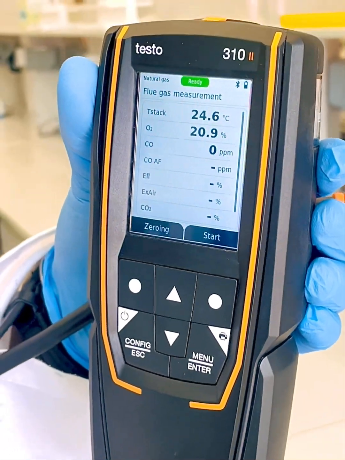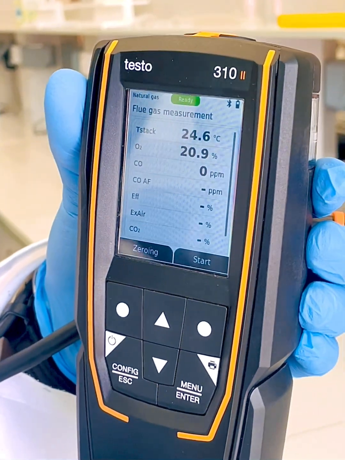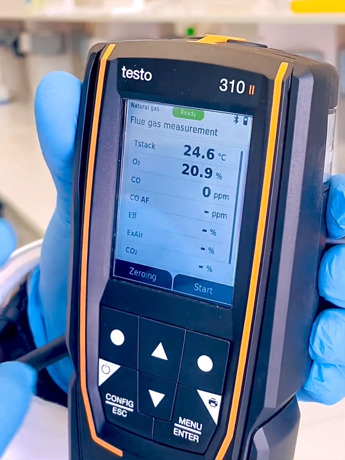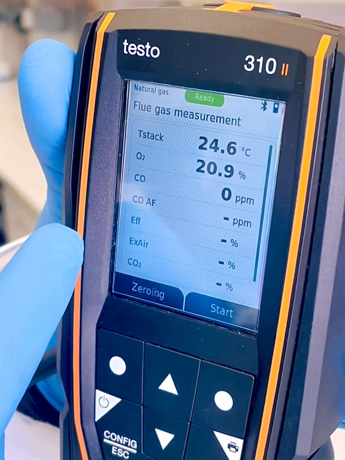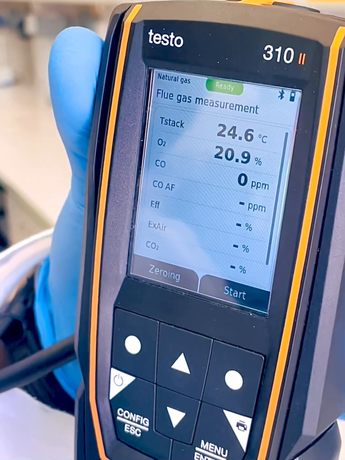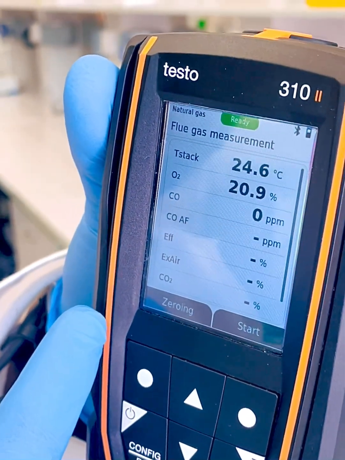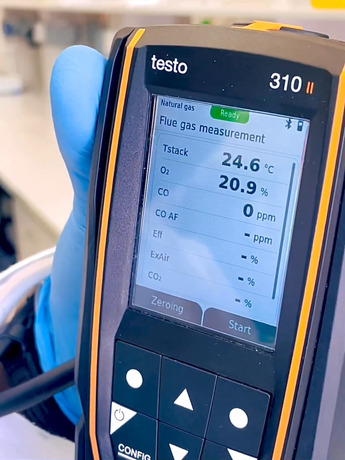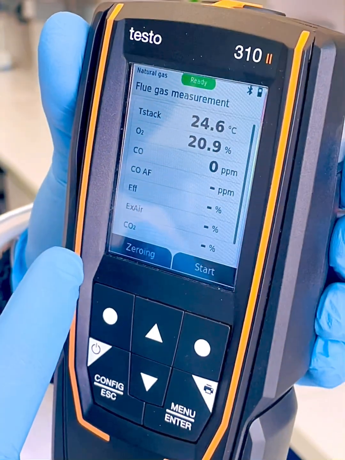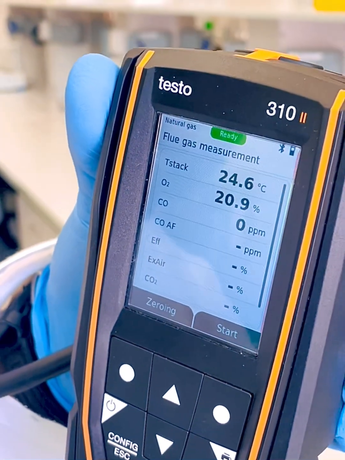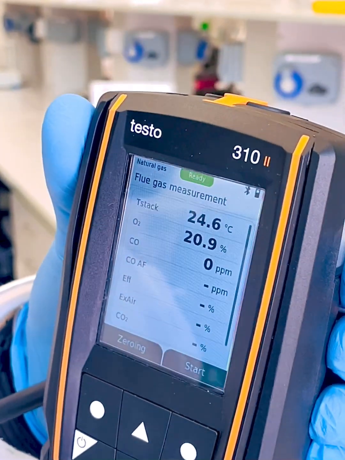We haven't started yet. So you see the CO, which is the carbon monoxide in parts per million. We have the CO. Also, then we have the effluent. We have the ExAir. And also we have the CO2, which is the carbon dioxide.